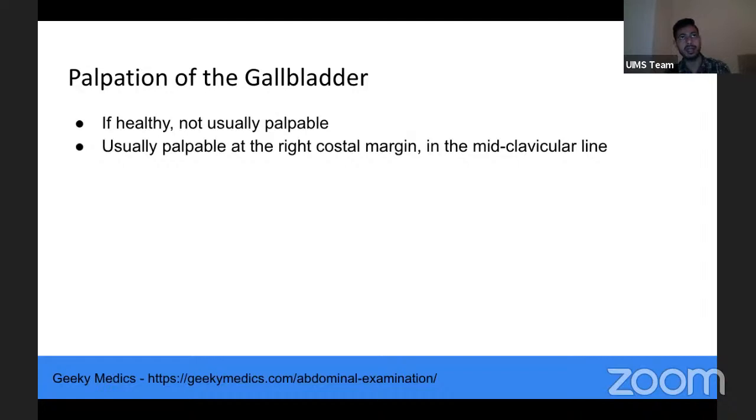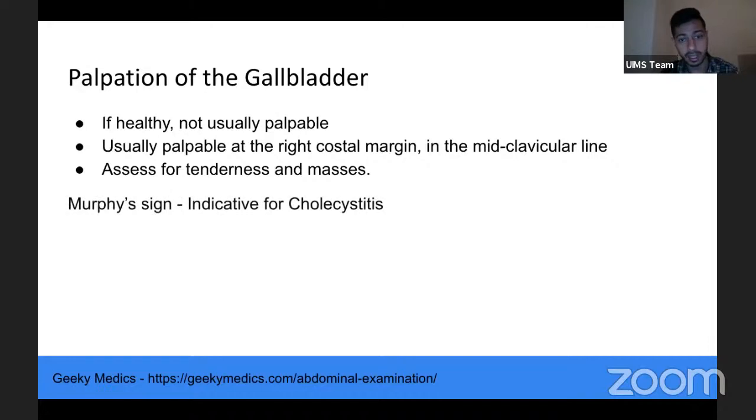So when you take a deep breath, the gallbladder is more palpable and it's moving. And obviously, as I've mentioned, we're assessing for tenderness and masses as well. There is a specific sign associated with the gallbladder, which is known as Murphy's sign, which is indicative for cholecystitis.